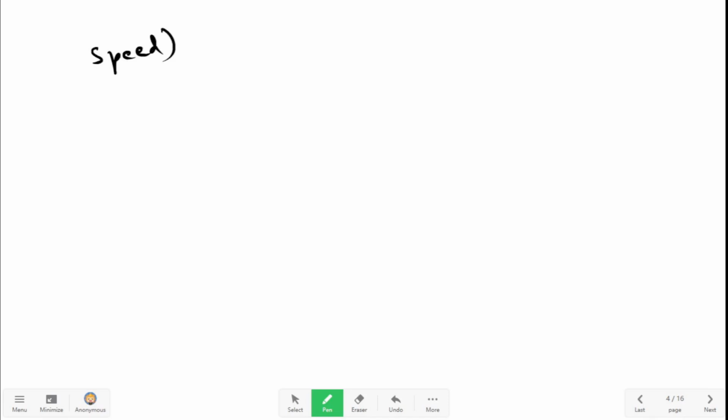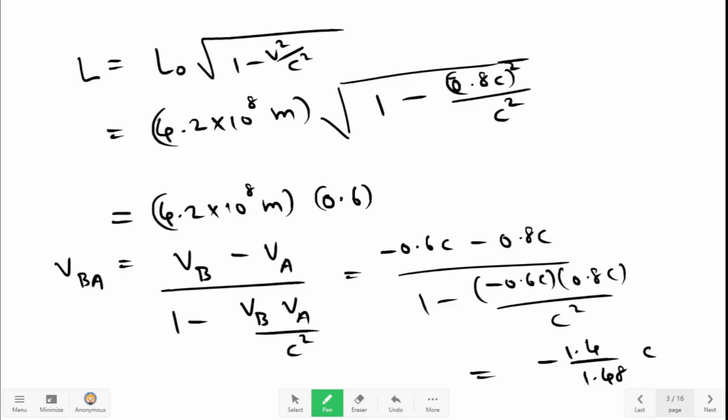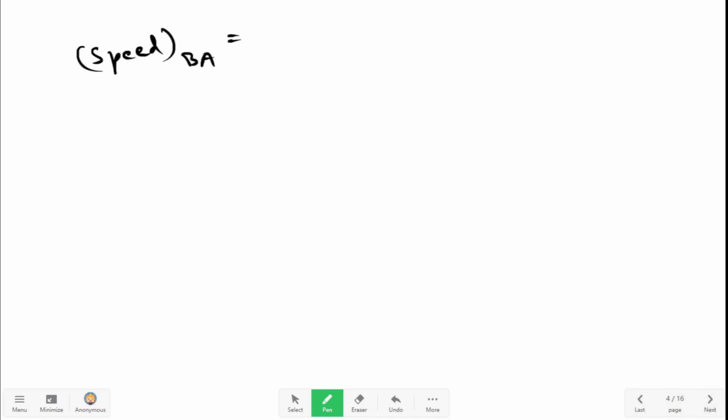Now the speed of B with respect to A: when you talk about speed you will not talk about direction, so we are only interested in the magnitude, 1.4 divided by 1.48 c.